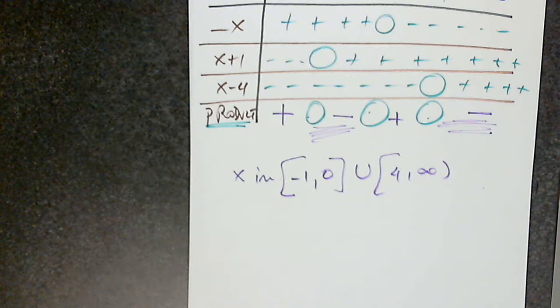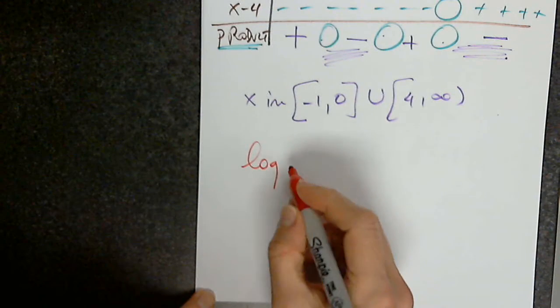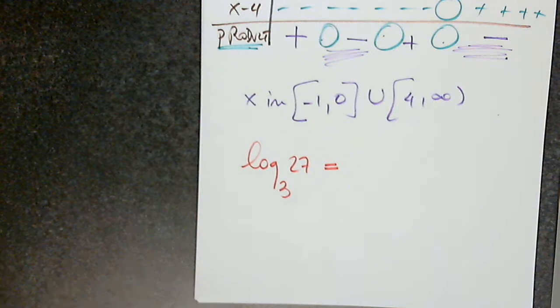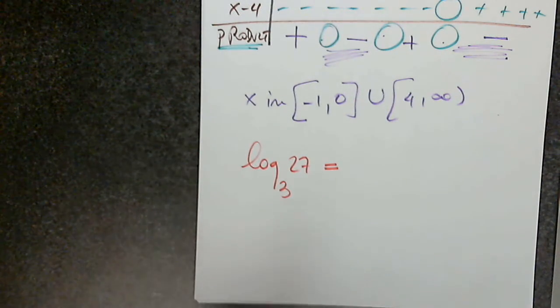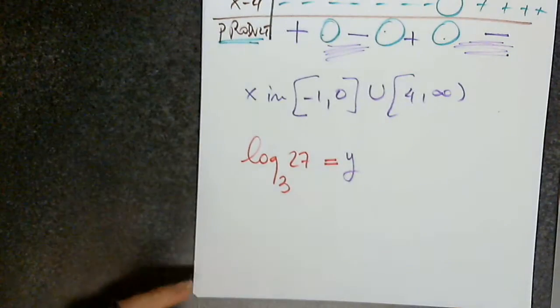Let's look at a few log equations and exponential equations. Let's say I want to find log base 3 of 27. I have no idea what this is. Well, I'm going to say it's a number y.